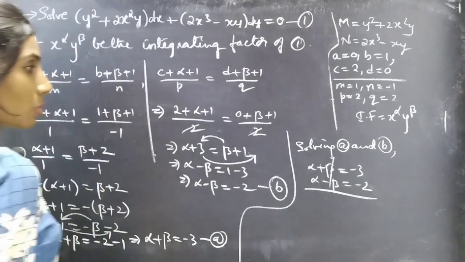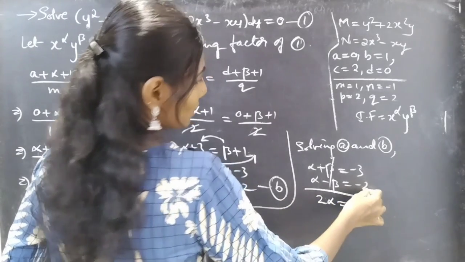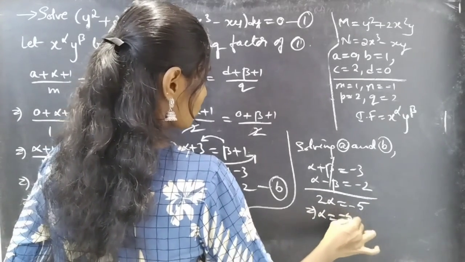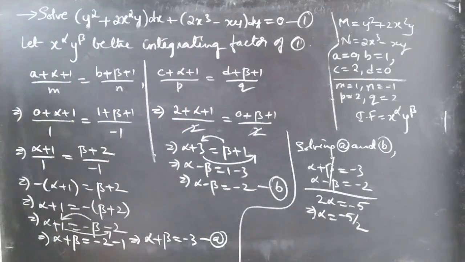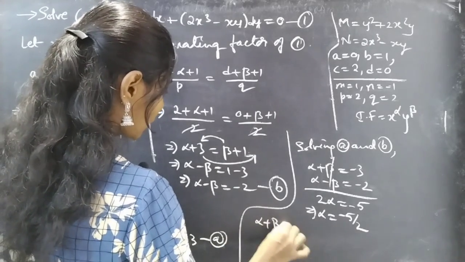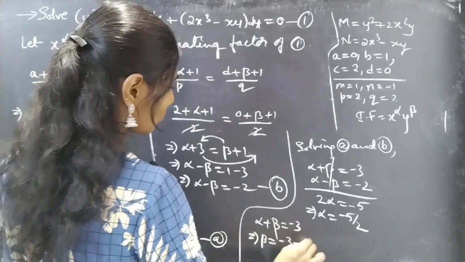Where plus beta minus beta gets cancelled, you'll get 2 alpha equal to minus 3 minus 2, which is minus 5, which gives us alpha equal to minus 5 by 2. Now we got alpha, right? Now let's substitute alpha in equation A. We have alpha plus beta equal to minus 3. You can write this as beta equal to minus 3 minus alpha.